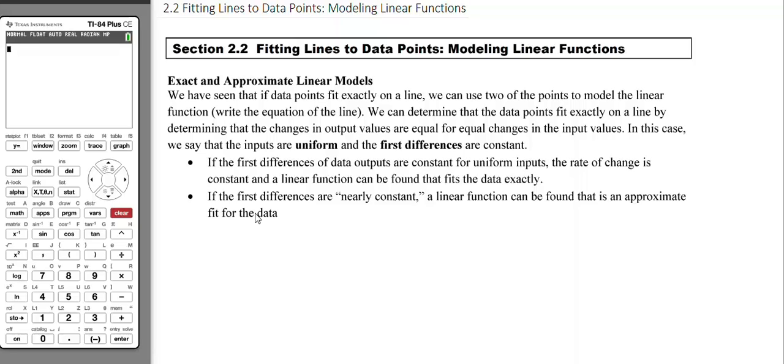Now, if the first differences of data outputs are constant for uniform inputs, the rate of change is constant, and a linear function can be found that fits the data exactly. If the first differences are nearly constant, a linear function can be found that is an approximate fit for the data.